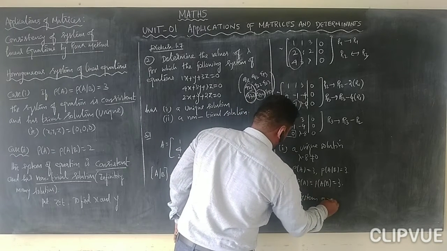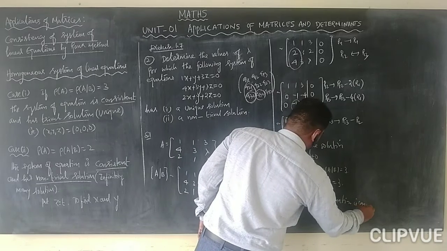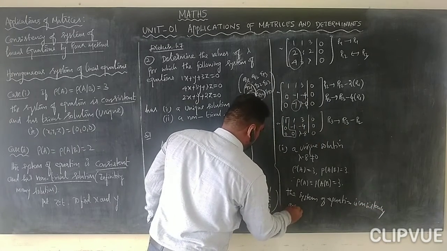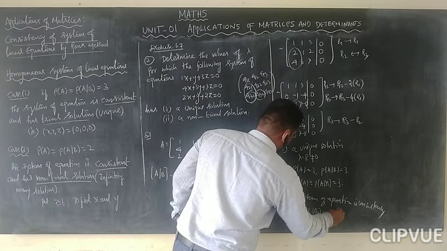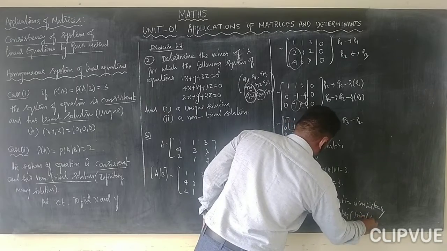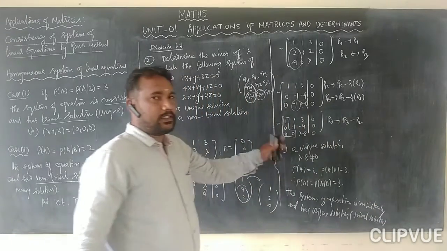The system of equations is consistent and has a unique solution. Unique solution means trivial solution. Okay. First condition is proved.